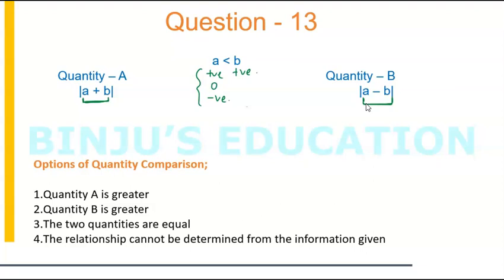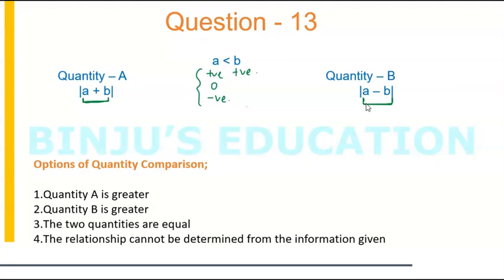Now, A minus B will be negative, my bad, because A is less than B. But mod of A minus B, even though the inside is negative, will still be less than mod of A plus B, because magnitude wise, A plus B will definitely be greater than A minus B.